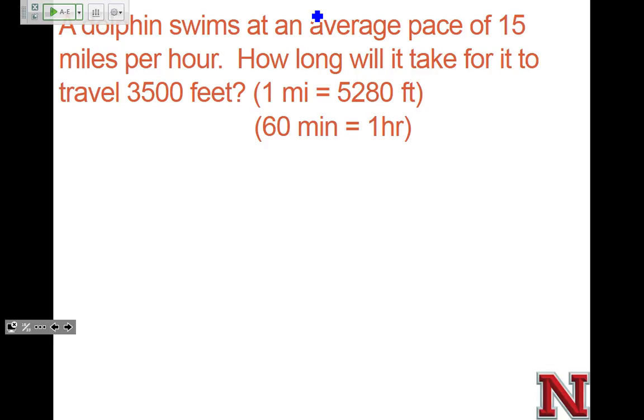So always pay attention. Same thing with density. Density is a measured relationship. So measured relationships do have significant figures because someone had to measure that. So we're given a certain distance, which is 3,500 feet.